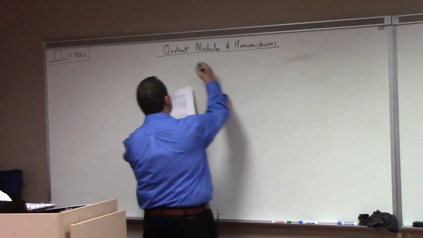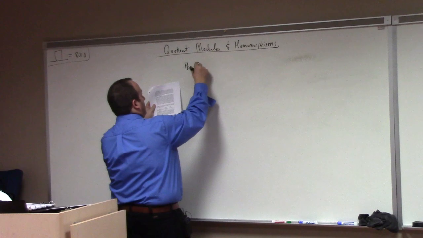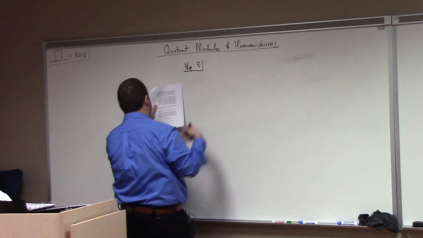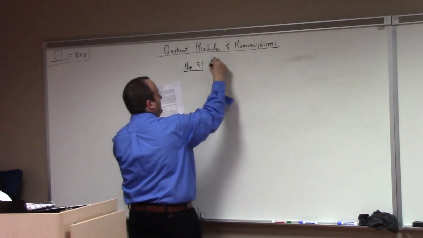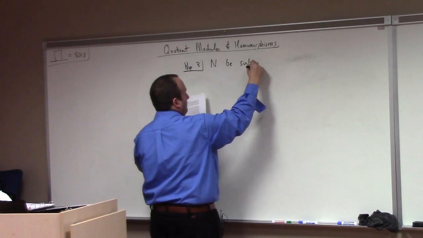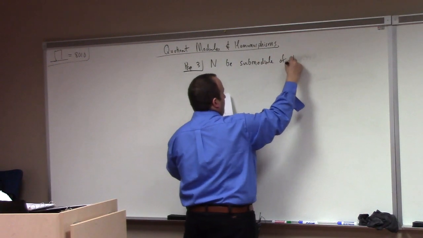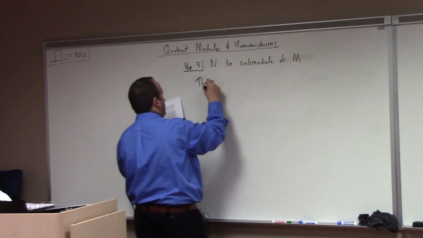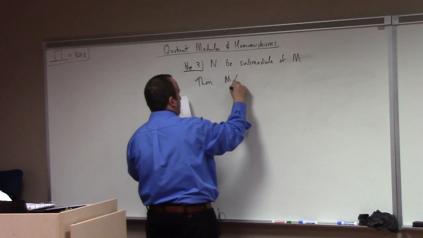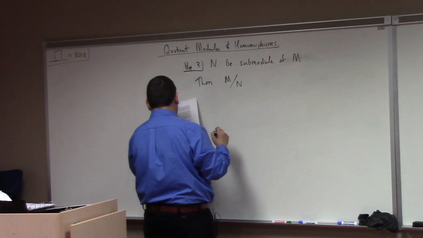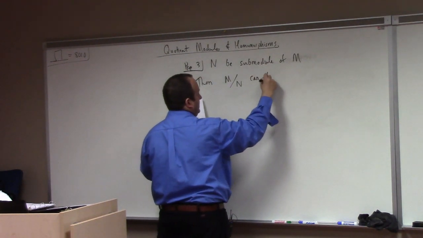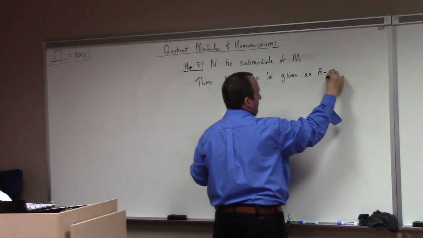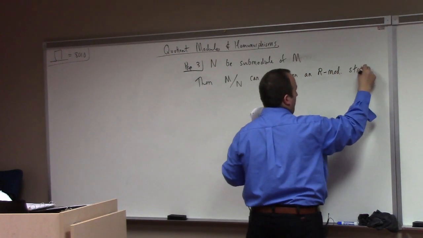Proposition 3. If R is a ring, M is an R module, let N be a submodule of M. Then M quotient N can be given an R module structure. How?